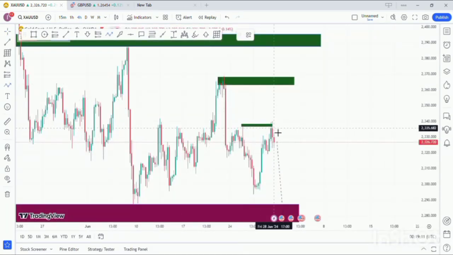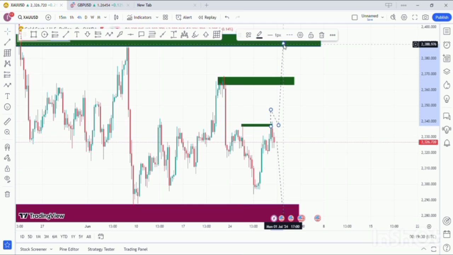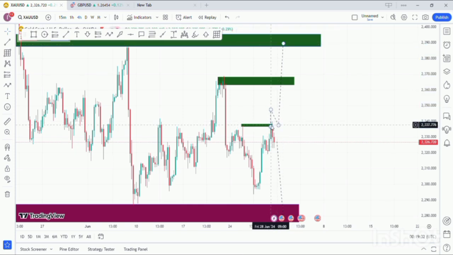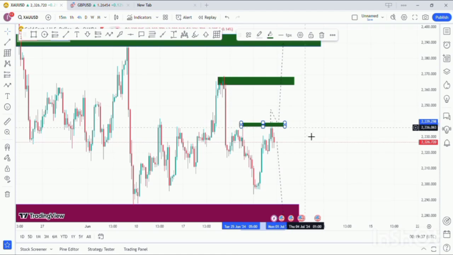So we'll be expecting a continuation downward, like I said. But if price decides to break out of this high right here, we'll be expecting price to continue upward from where it is to respect this resistance zone, which is the previous high, or possibly the next resistance zone just above, guys. So real quick, we'll move over to the 1 hour time frame.